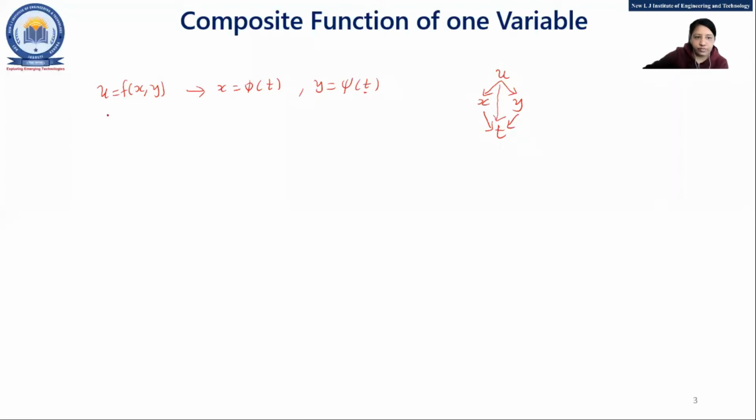So how to define du by dt? You can see from the diagram that u depends upon t directly, but you have to go via x and via y. There are two paths now. First we will consider the path via x.